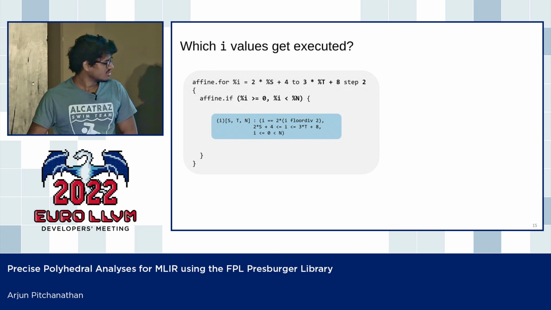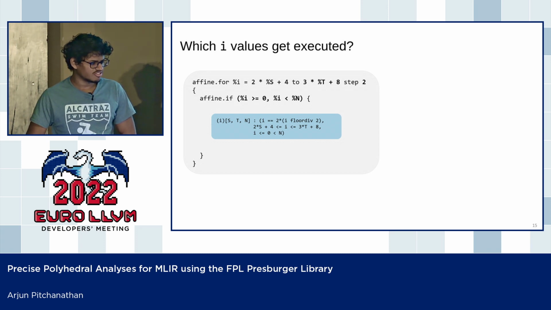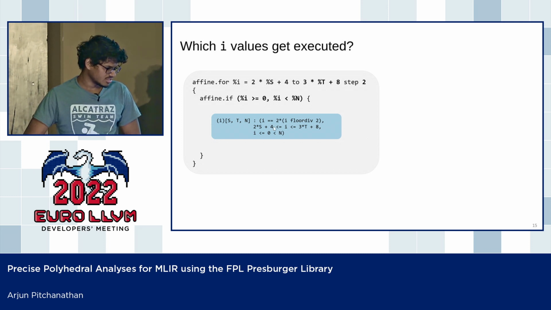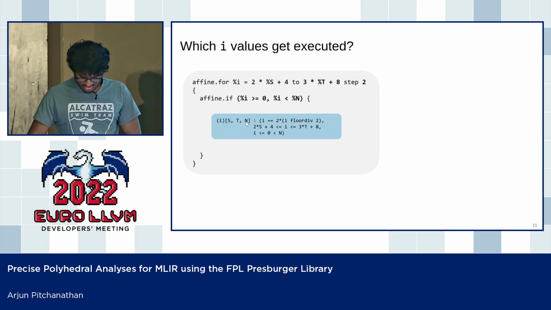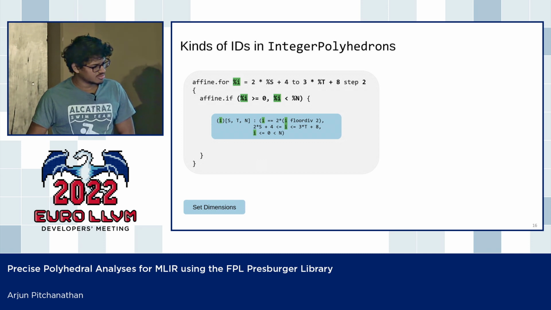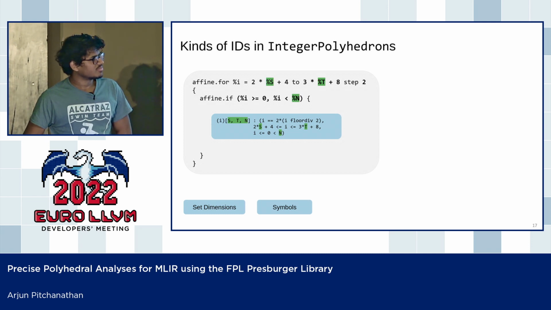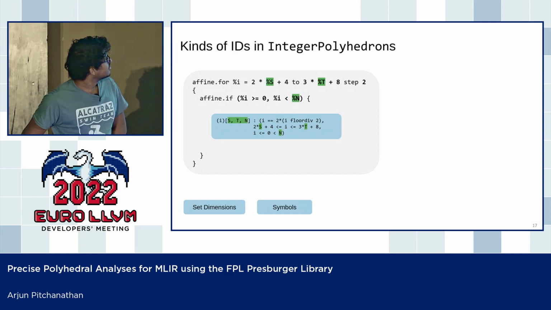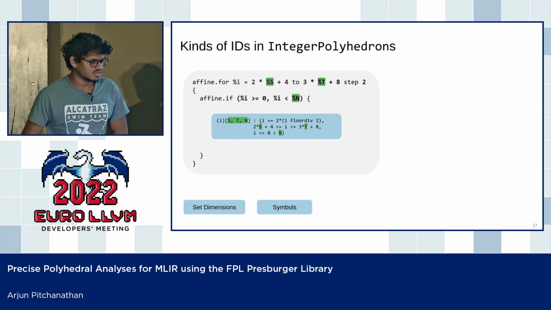And in the sets that we have in FPL, we have 3 kinds of variables. So you can see that i and s, t, n are sort of separated from each other. This is because i is a set dimension, which is like, for example, in this case, the loop iteration variable, whereas s, t and n are symbols. These correspond to symbols in the MLIR IR. For the purposes of this talk, you can consider them to be the same. Don't worry about it.